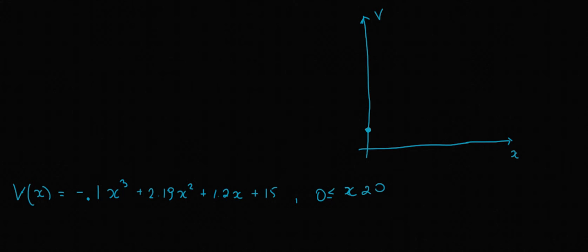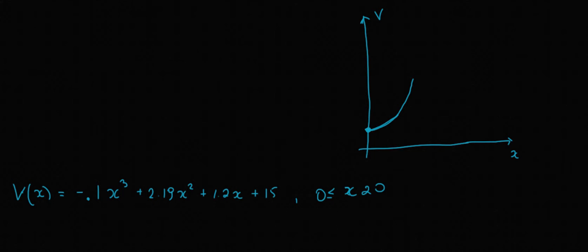And initially, as x is being increased from 0, the volume of sales is likely to increase at a faster and faster rate. That basically means that the graph not only goes up, but it actually becomes steeper and steeper.